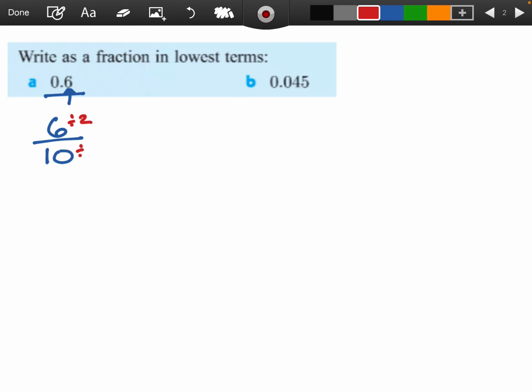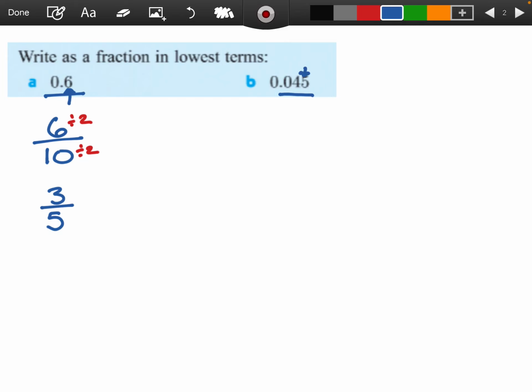So we can divide top by 2, we can divide bottom by 2, and then we end up getting a final answer of 3/5.